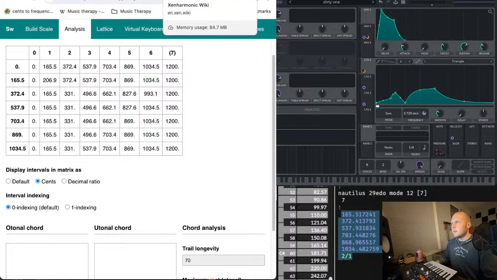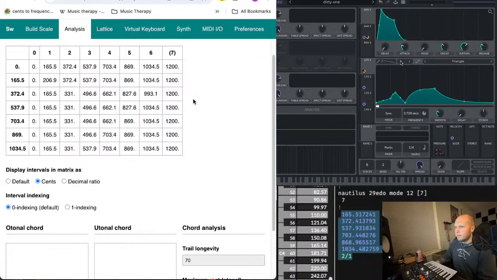I'm kind of at that point where I need to start pushing in that direction again. So we'll get a little more systematic, try to come up with some more music in this tuning, maybe come up with another patch if we have time. But for tonight, that's all I'm going to do.